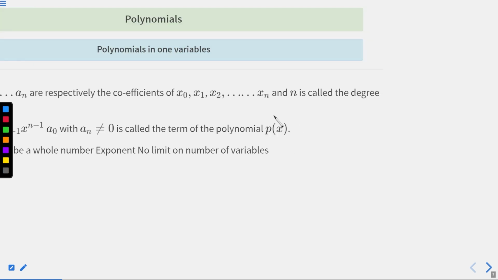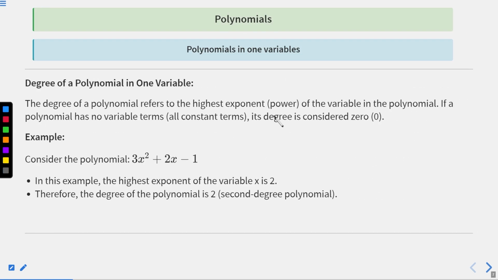Now we'll discuss the degree of a polynomial in one variable. What do we mean by the degree of a polynomial in one variable? The degree of a polynomial refers to the highest exponent or power of the variable in the polynomial.